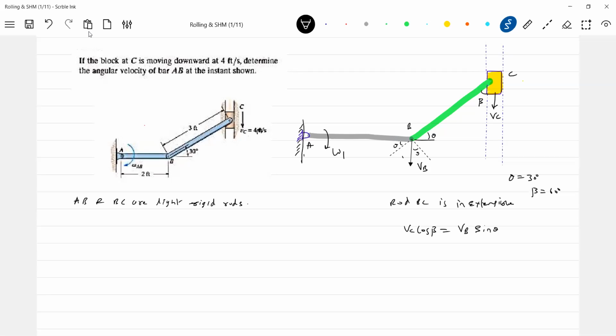It'll be easier. All this will become meters.